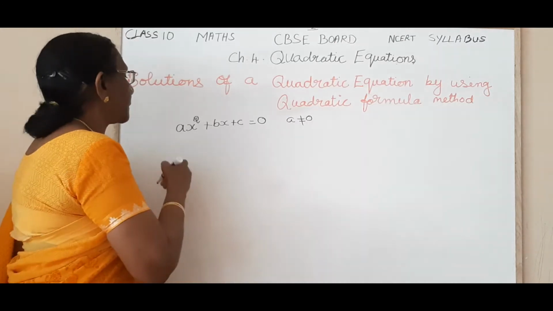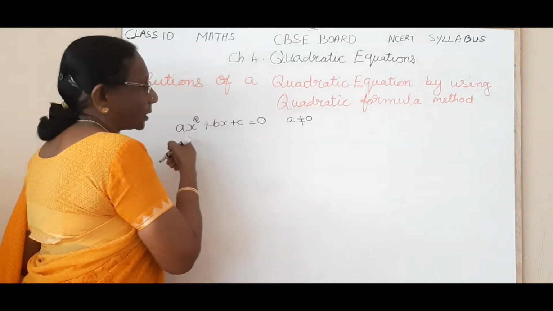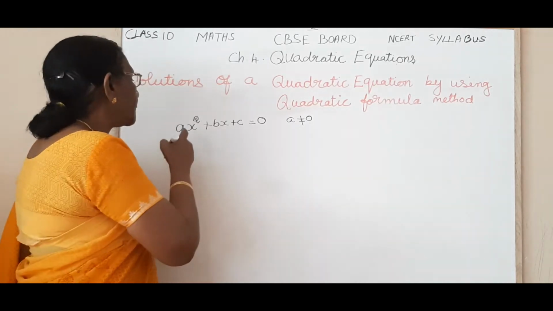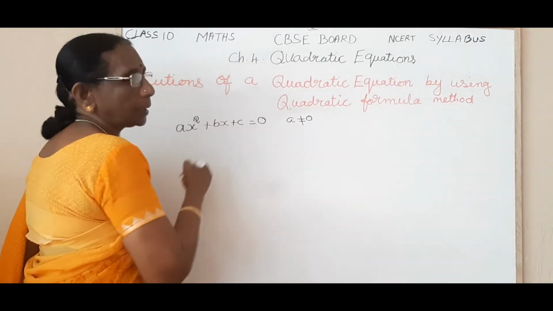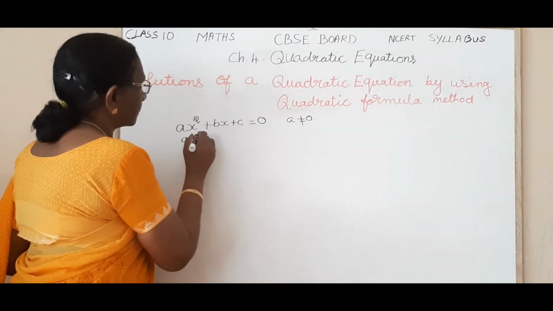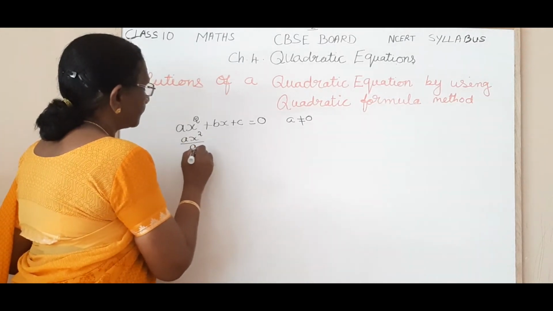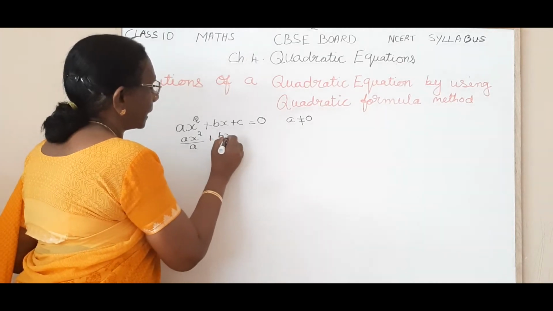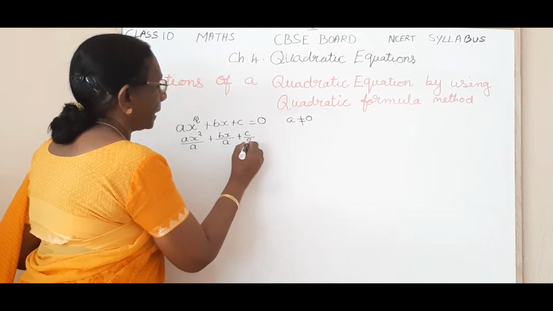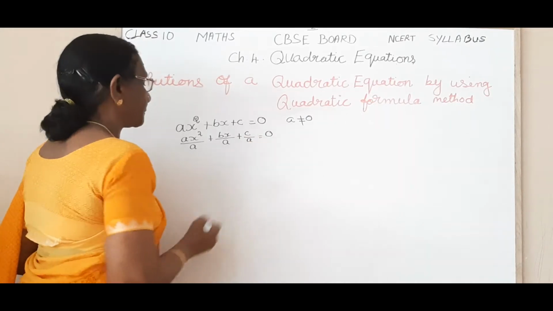Okay. First step, we'll make the coefficient of x squared as 1. For that, what should we do? You have to divide each term by a. So, divide each term by a: x squared by a plus bx by a plus c by a is equal to 0.